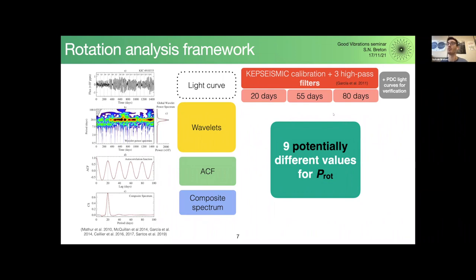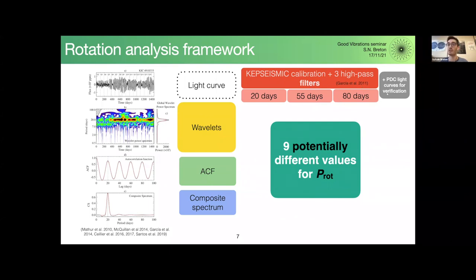If you filter the light curve with, for example, the 20 days filter, you will get rid of most of the instrumental modulation of Kepler, but you will also be at risk of filtering out an interesting physical signal linked to stellar rotation. So we compare 3 calibrated light curves, one with a 20 days filter, the other one with a 55 days filter, and the last one with the 80 days filter.